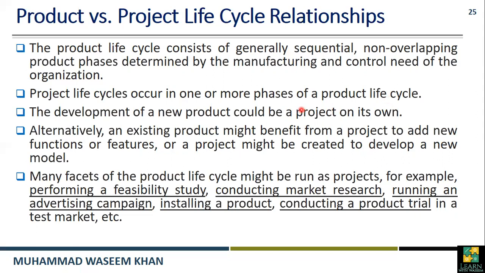So, within one phase of the product life cycle, we can have a number of project life cycles. The development of a new product could be a project on its own. So we can have a number of projects within a particular product life cycle.